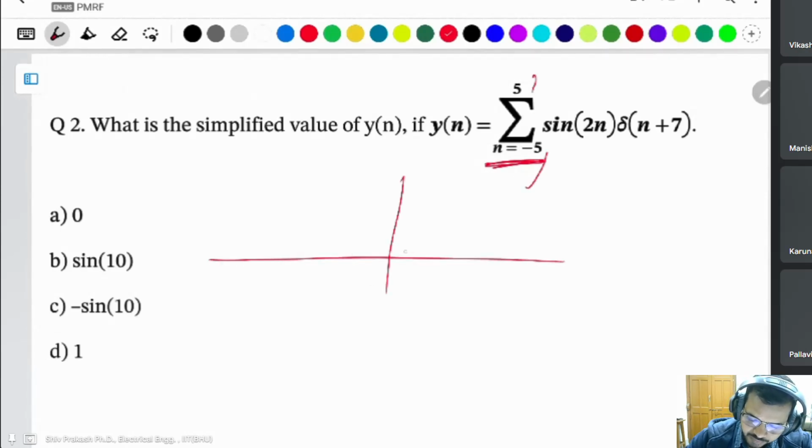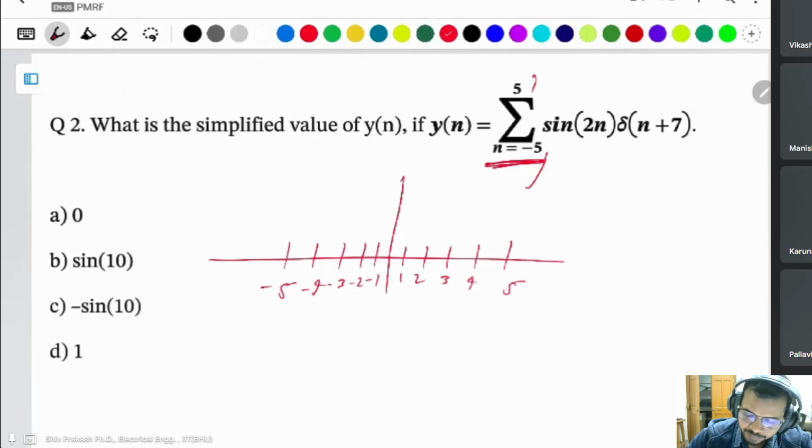It means start from minus 5 to plus 5: 5, 4, 3, 2, 1, 1, 2, 3, 4, 5. But because of the delta function, delta is available at 7 only, not 6, but 7. Here is the delta function.